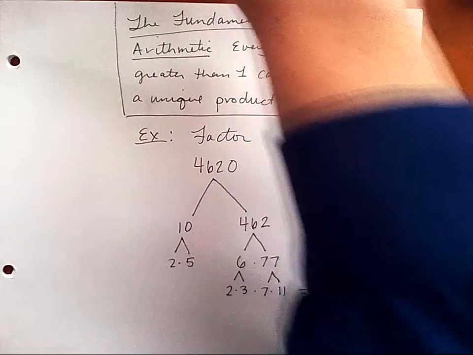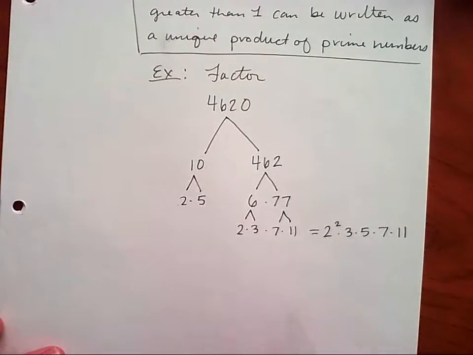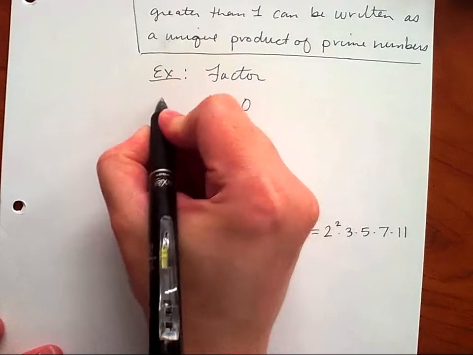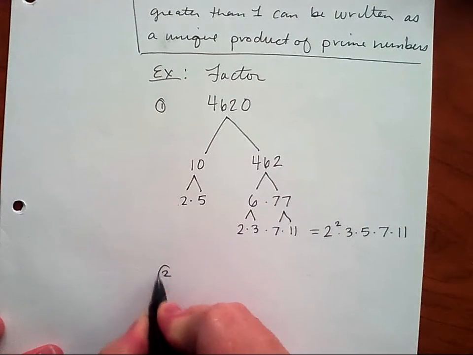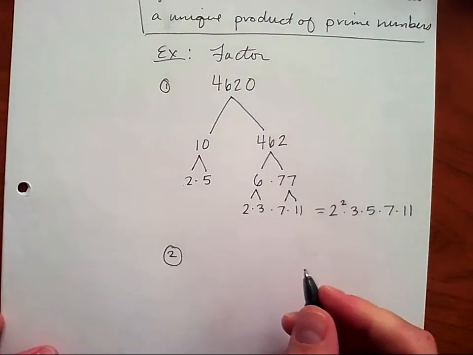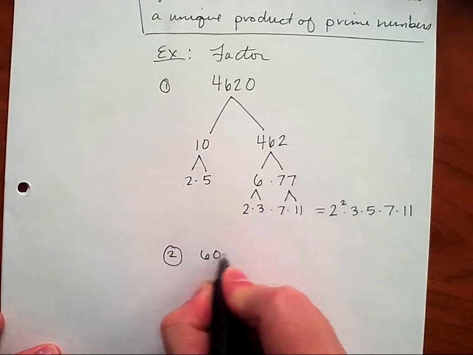So let's continue. The directions are factor. This was example 1. Example 2 is 600. Factor 600.